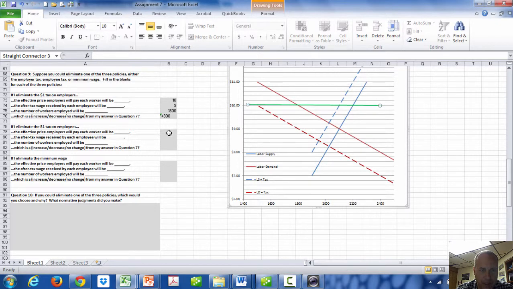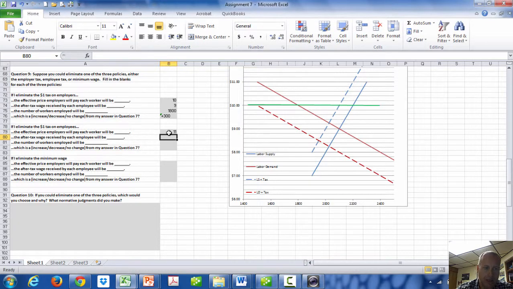So the effective price employers have to pay is going to be $11. They're going to make a $10 minimum wage offer and pay their $1 tax. Employees will receive the $10. They no longer have the tax. The number of workers employed will be 1,500 workers, which is no change from your answer in question 7.